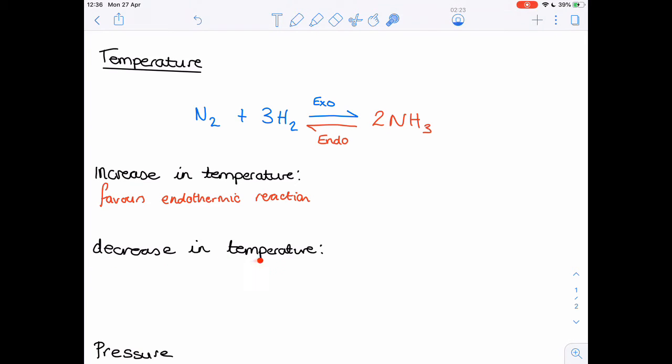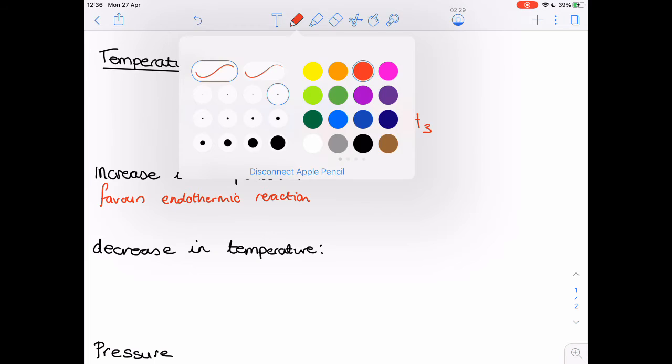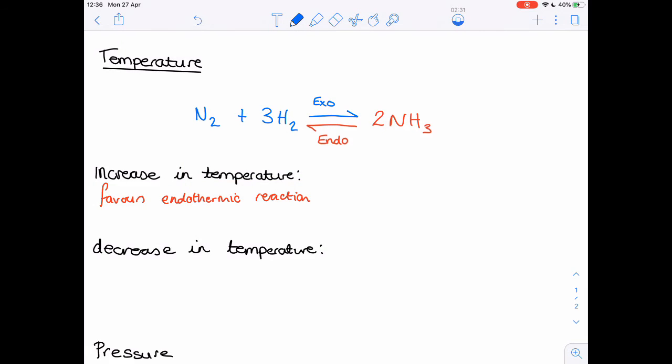For a decrease in temperature, it's going to be the opposite. It's going to favour the exothermic reaction, because exothermic reactions give off heat, so that heat can be used to get back to the equilibrium. It can increase the temperature of the system.